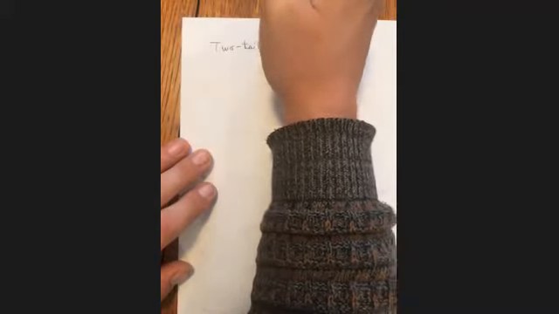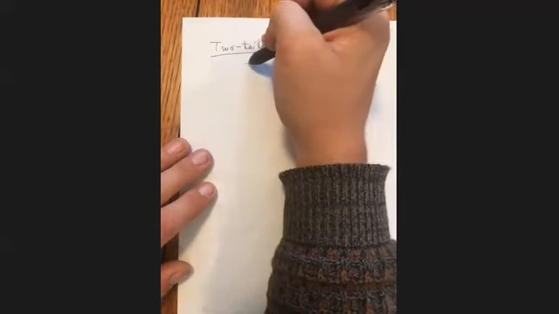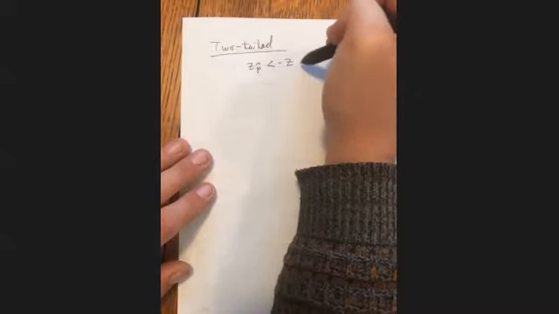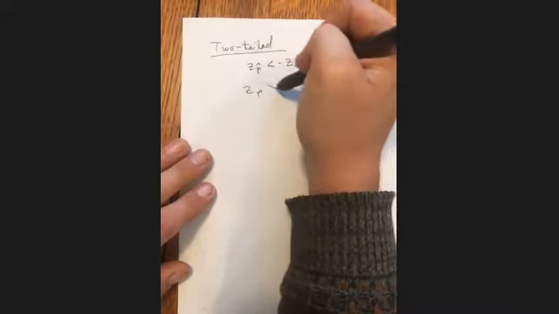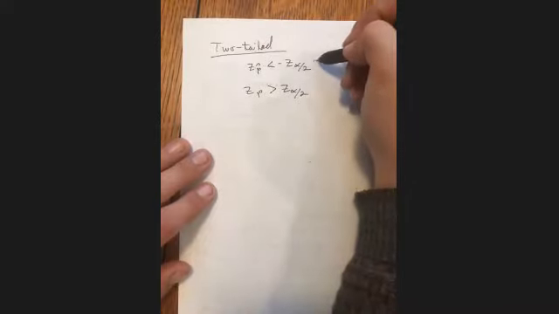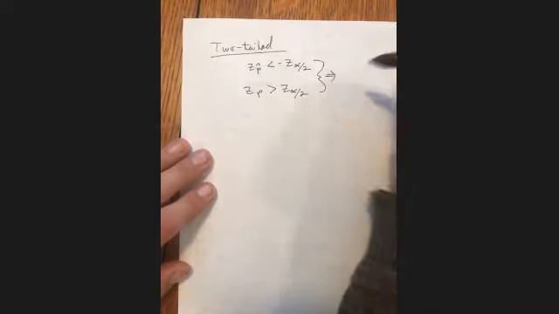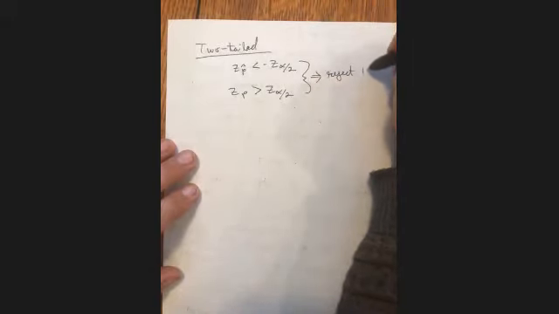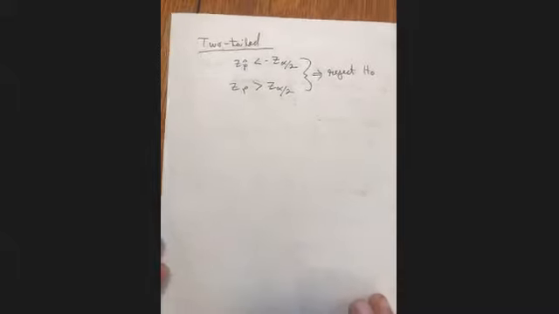So how do we state the test? For a two-tailed test, we say one of two things must be true. Either ZP is less than negative Z alpha over 2, or ZP is greater than Z alpha over 2. If either of those is true, then we reject the null hypothesis.